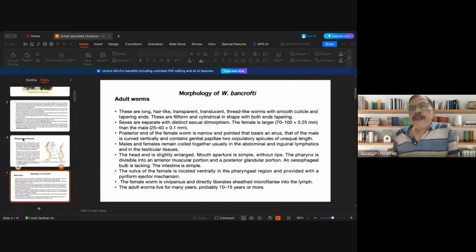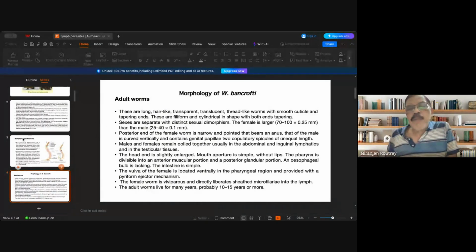Remember, they give birth to young ones and directly liberate sheathed microfilariae. So we should say it is ovoviviparous. They develop ova which become fertilized, and the fertilized eggs are not laid outside.